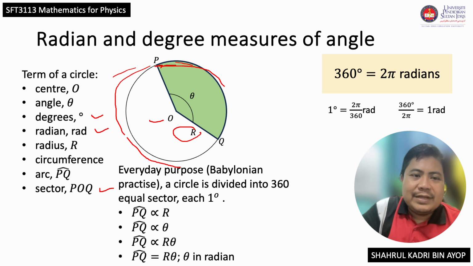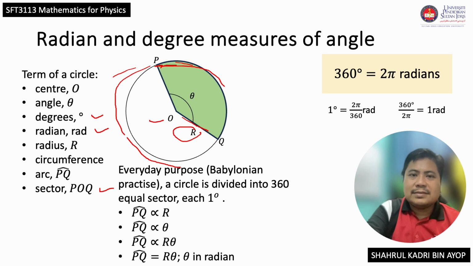And the arc PQ is proportional to R, right? Because if R increases, PQ also increases. And in the same way, theta also increases. So in that case, the multiplication of R and theta increases with the arc.